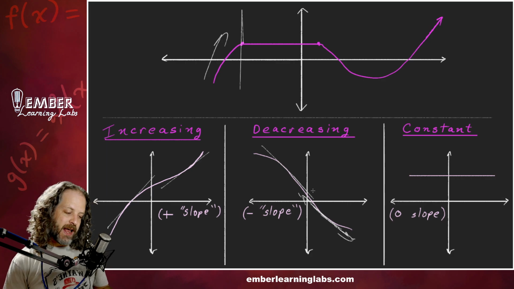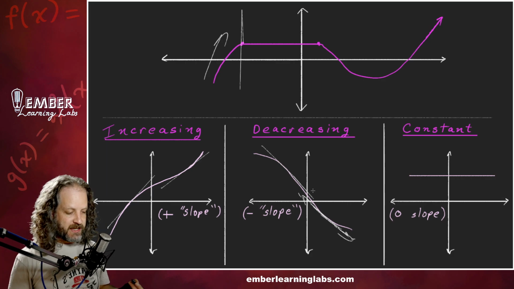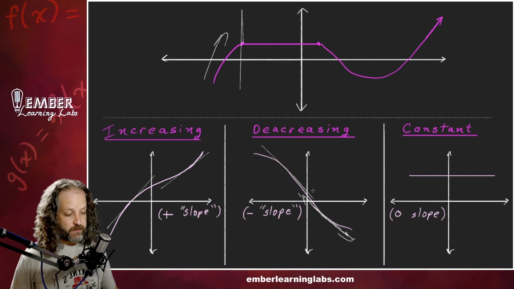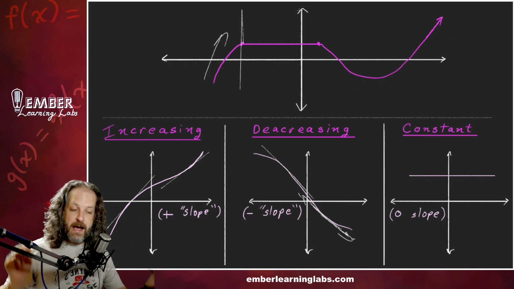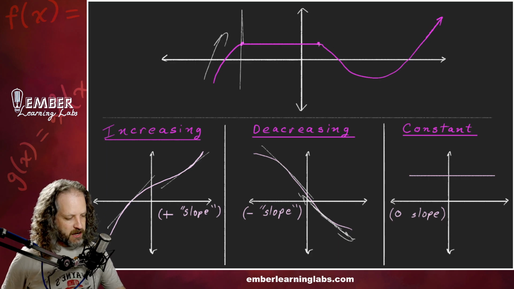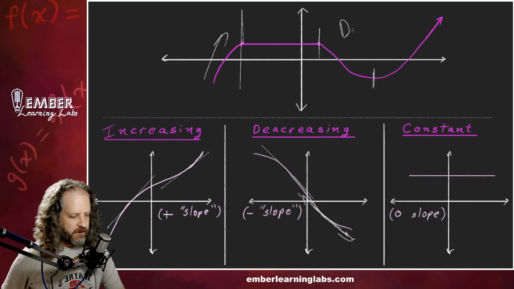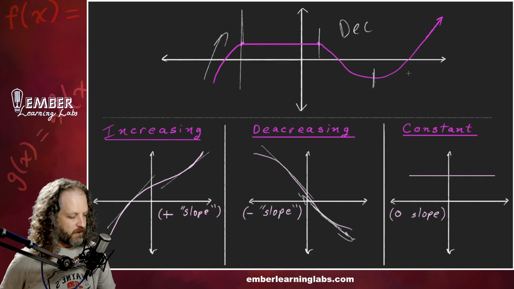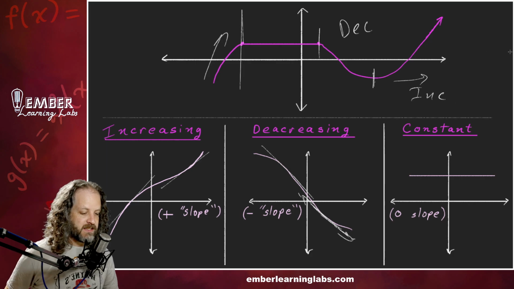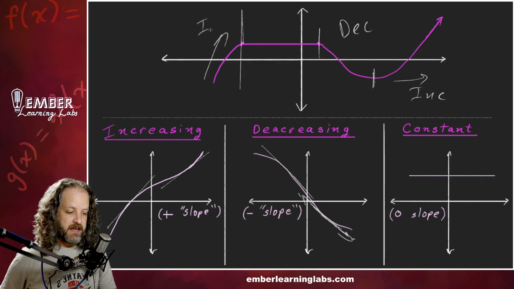And so it would have a decreasing slope. So this function is said to be decreasing in that interval. If we look at our example up here, this function is decreasing from here to here, and then it starts increasing again from here on to infinity. So it's increasing in this segment. In this segment, we already said it's increasing.